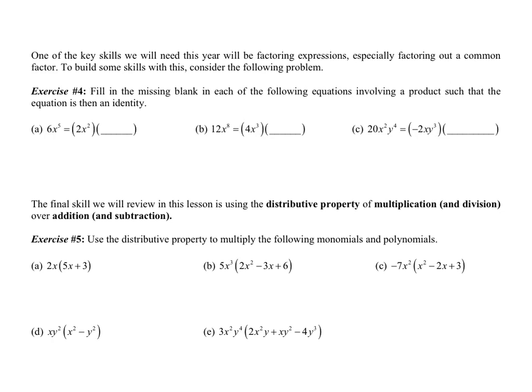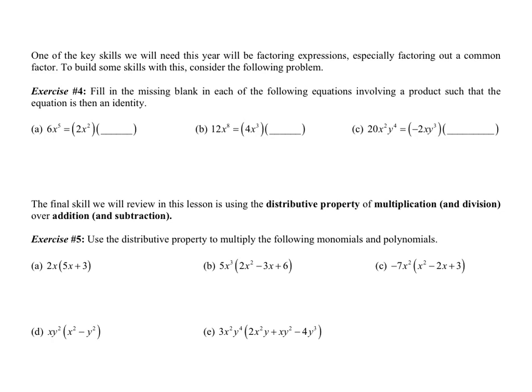One of the key skills we will need this year will be factoring expressions. That means if you were to start with, say, a product, can you decide what the two things were or what the two factors were that were multiplied together to give you that product? So we're going to concentrate especially on factoring out a common factor.